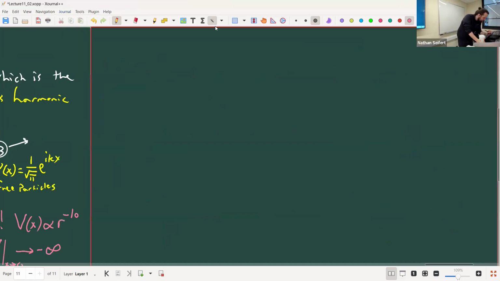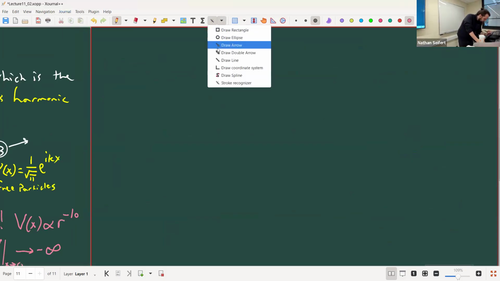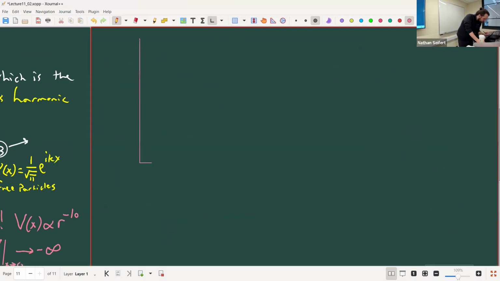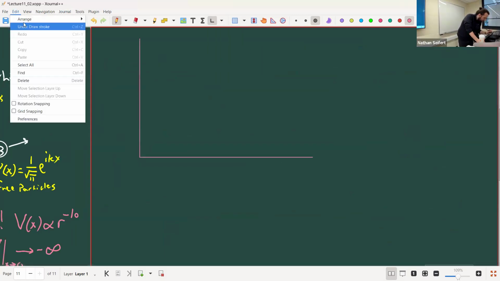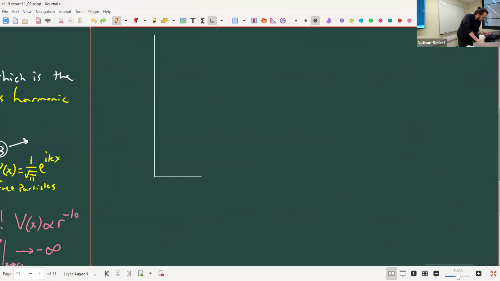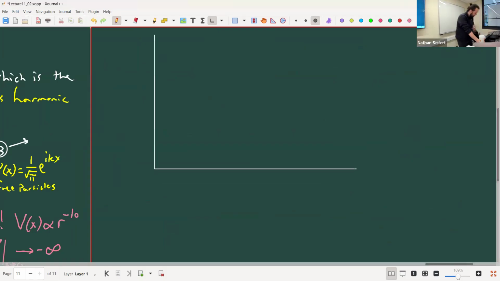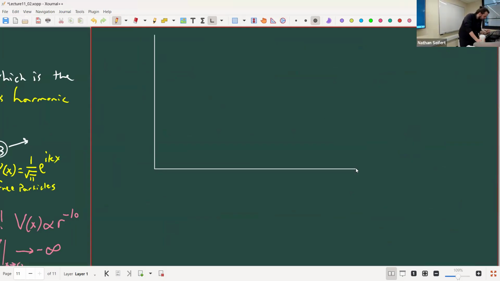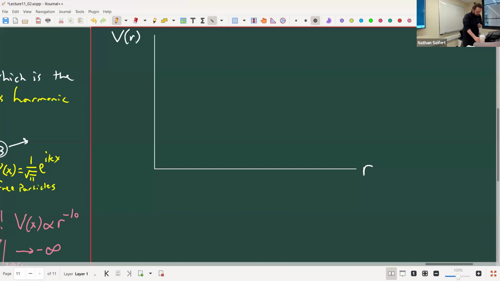So let's draw that. Here's my coordinate system. We'll plot the bond length R versus the potential. I'm just going to extend this negative.